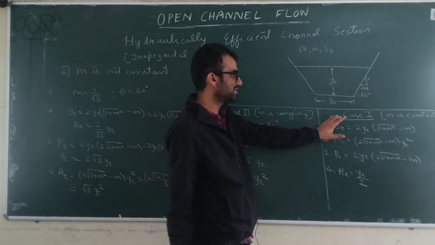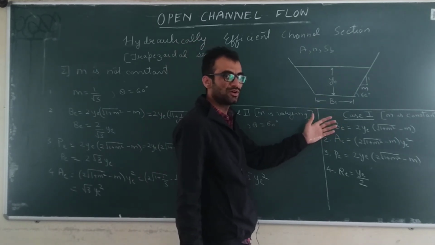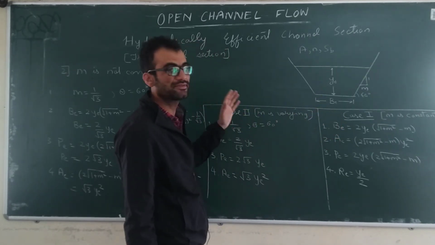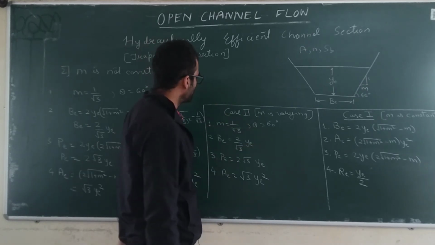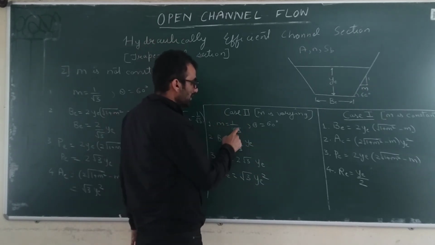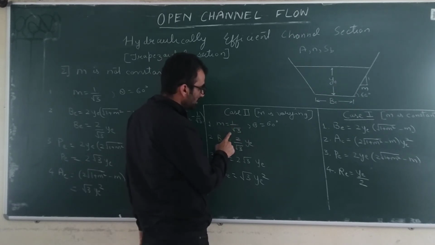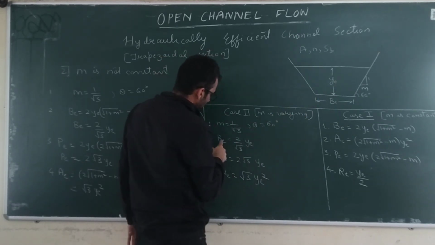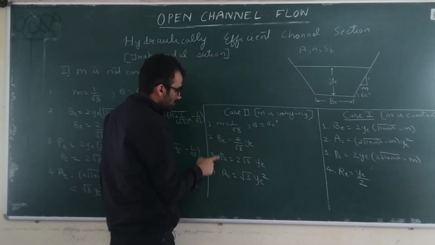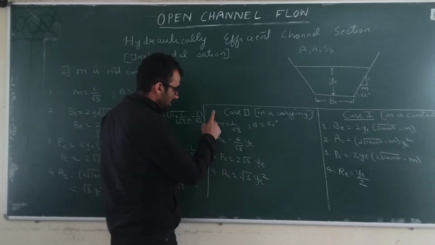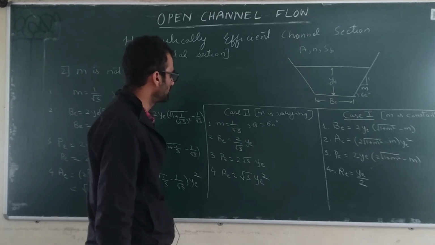But if the problem says you can change m, or m has to be efficient, then you have to use m as 1 by root 3. The side slope should be 1 by root 3, this angle will be 60 degrees, and the expressions for the proportions of base width, perimeter and area will be this much. So you can directly use these formulas.